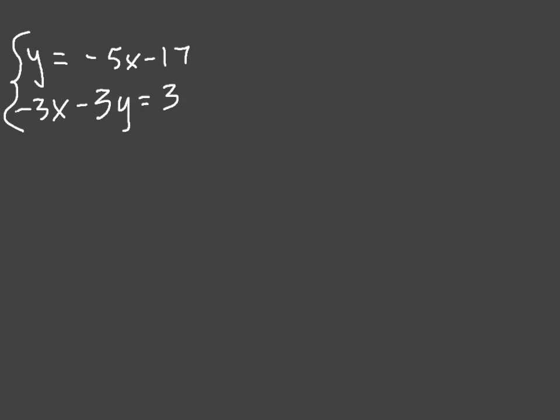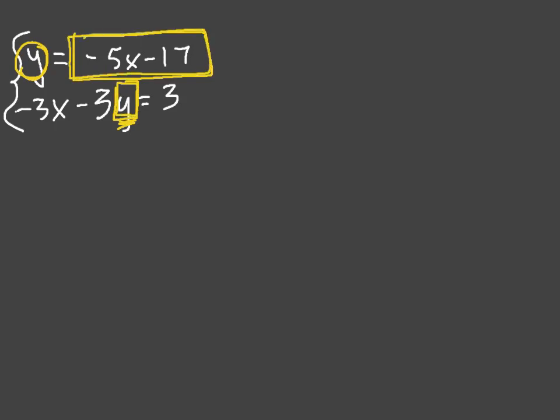So here is our first example. We're going to do 2 examples total. What we need to find is a variable that is all by itself. So this y that says y equals, that is a variable that is all by itself. In the other equation where the y is, we're going to take this y out and replace it with this entire expression from the top equation.